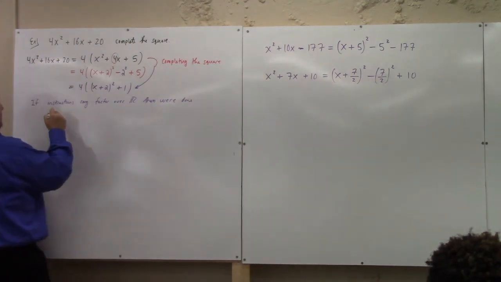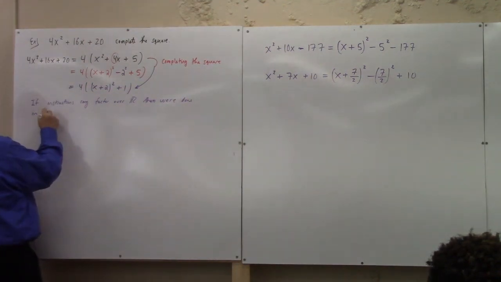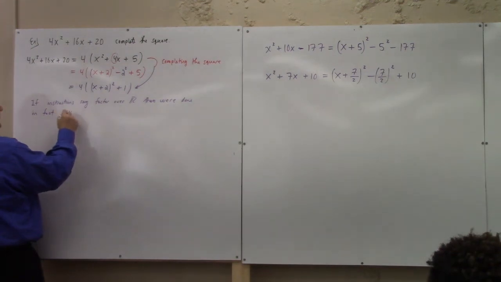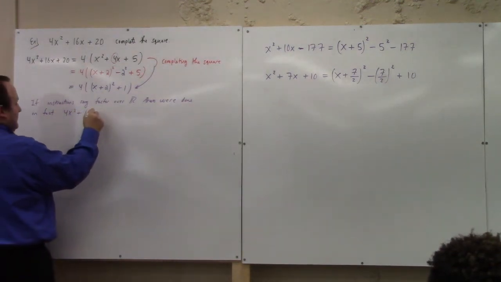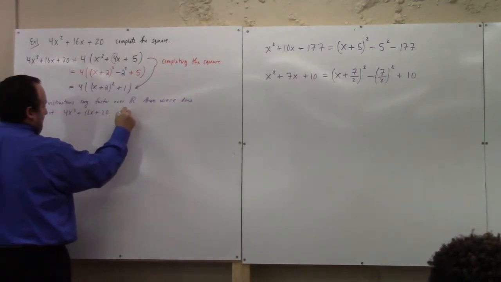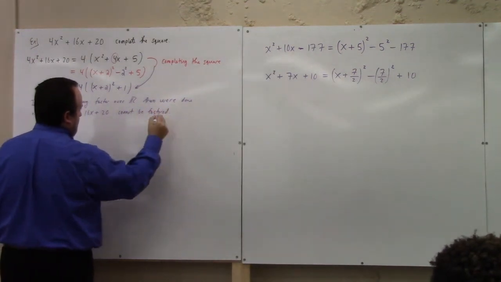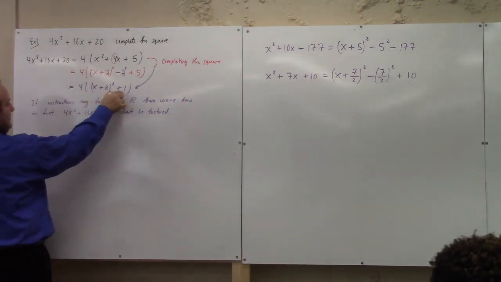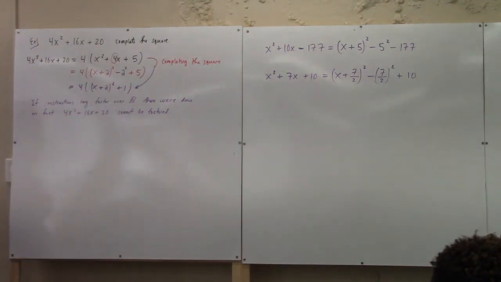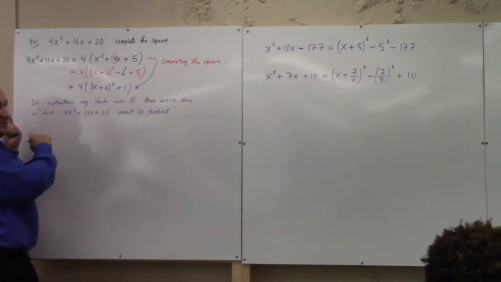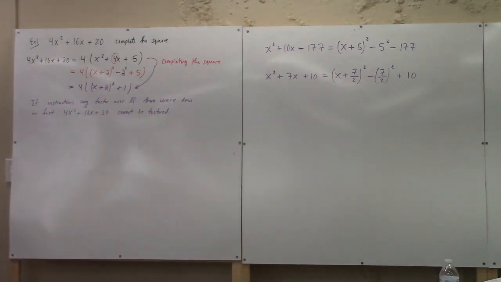In fact, 4x squared plus 16x plus 20 cannot be factored, because it's the sum of squares. That means with real numbers, we can't factor it. The thing is, pulling the 4 out doesn't count as factored in this language.